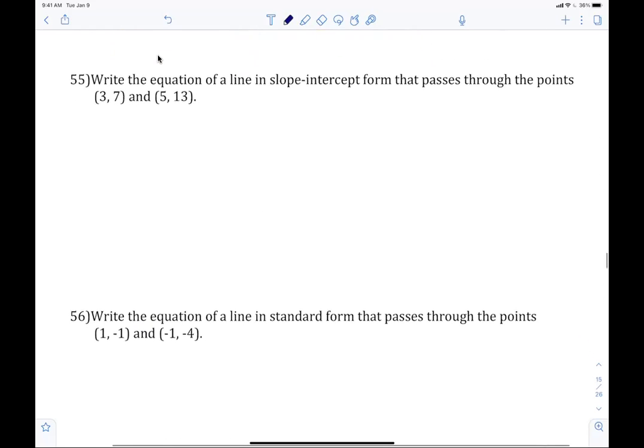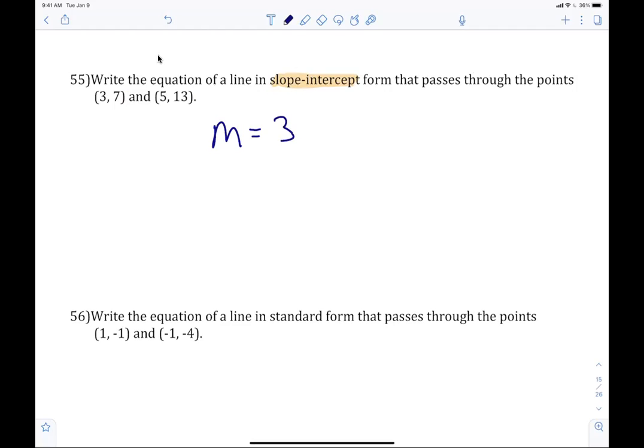All right, 55. Write the equation in slope intercept form. So we're still missing the what? Slope. James, calculate the slope. It's 6 over 2, which is 3.